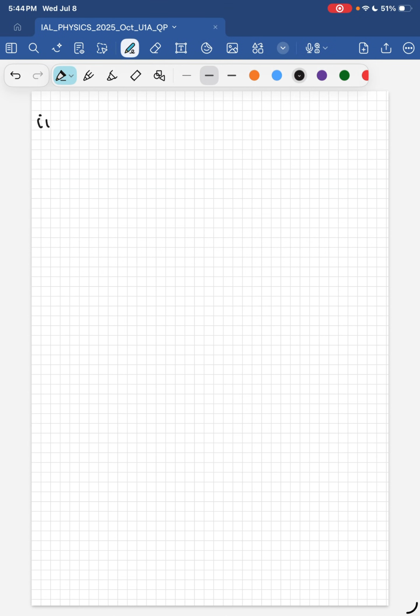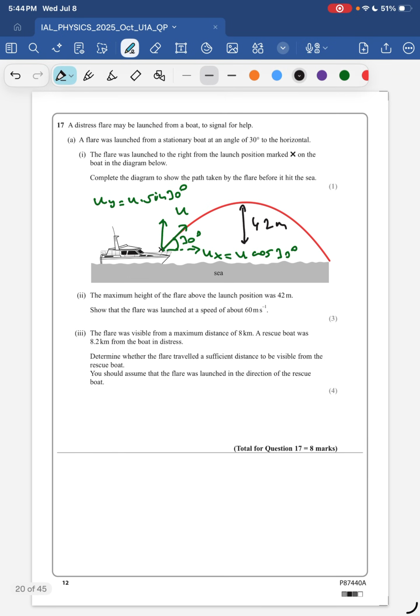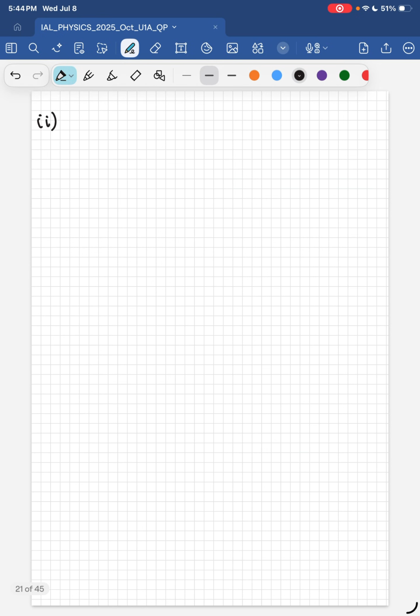So this is part 2, right? So we can use the SUVAT equations to find, in the y direction, we start with this uy component, which is equal to u sine 30, and the y component of the velocity becomes 0 at the maximum point. So we will exploit that, meaning that vy squared, we can use the SUVAT equations.